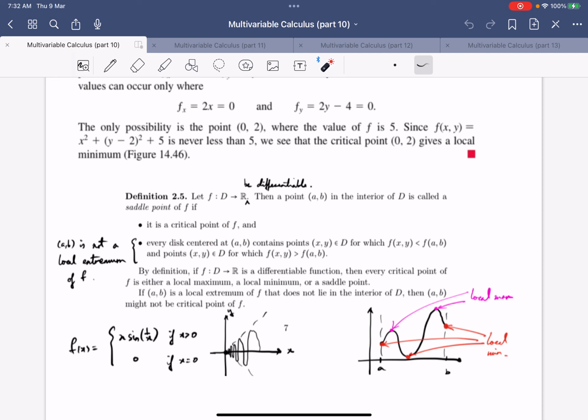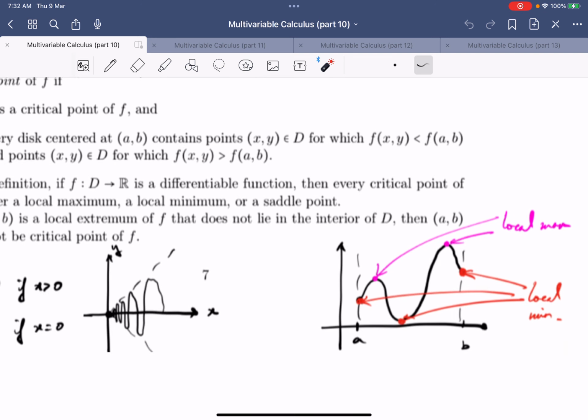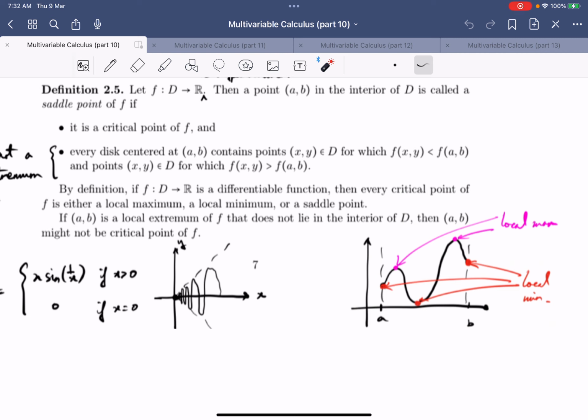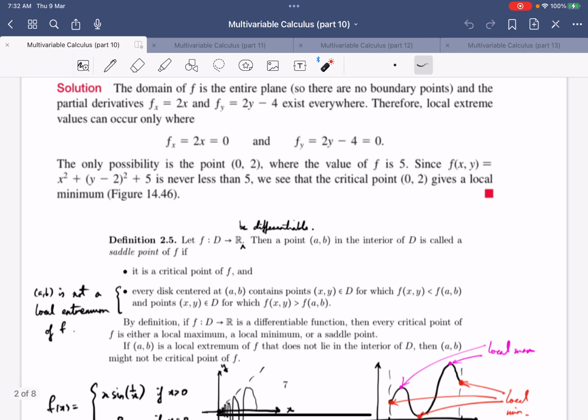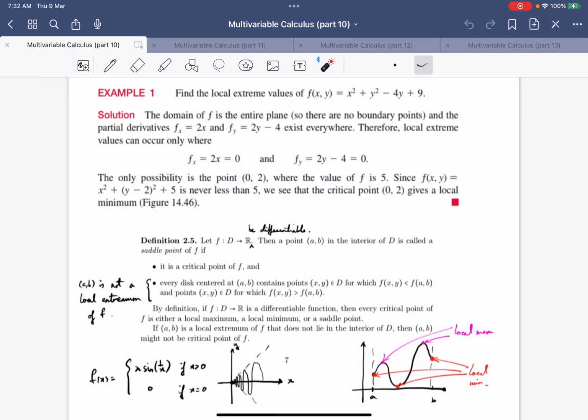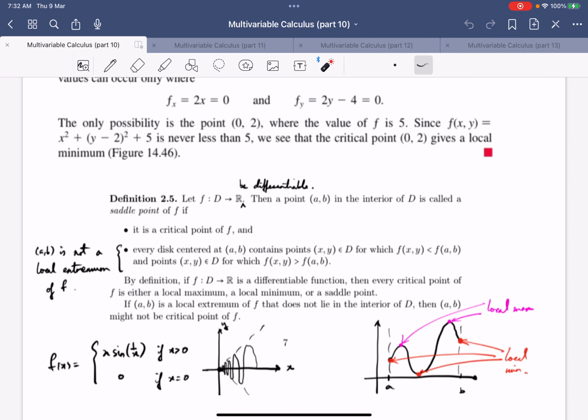So what you can think about is, it needs to be an interior point first of all for a local extreme, because endpoints can be local extrema, but they're not really turning points or critical points as we like. So a saddle point is really just a critical point but it's not a local extreme value.